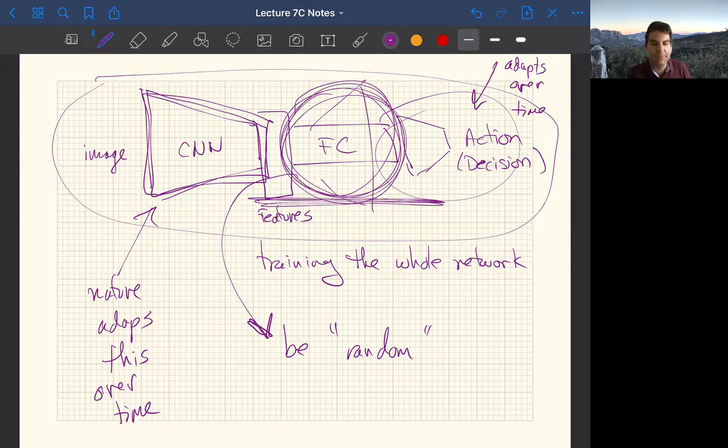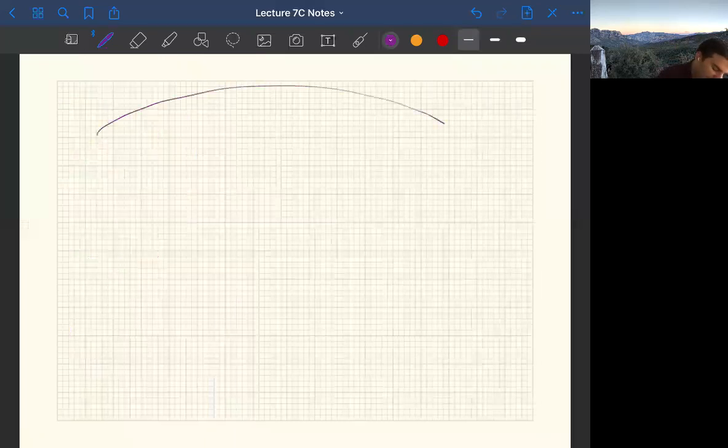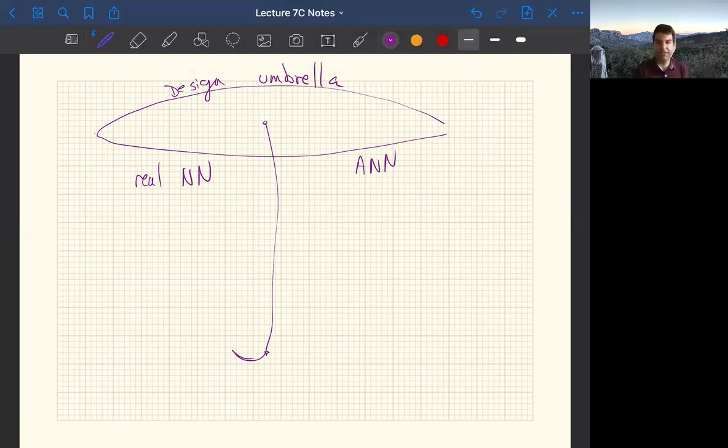And I think it takes people willing to think of both types of neural networks under one umbrella. So that's the way I think of this: there's some large umbrella of design. So this is my design umbrella. And we have real neural networks over here and artificial neural networks over here. And it's true that these two might be very far apart.